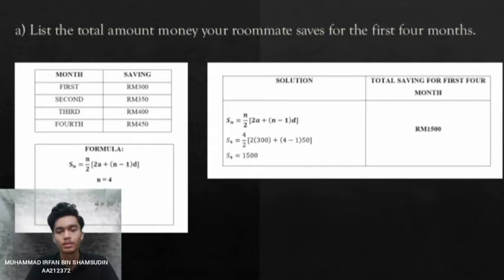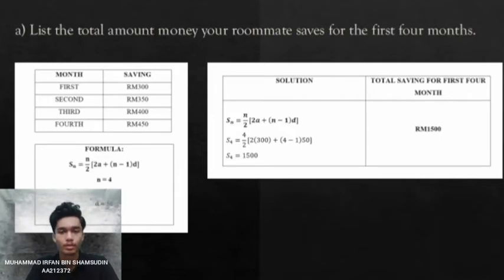From the statement given, the first month is RM300 and it will increase by RM50 for the next month. So the second month will be RM350, the third month will be RM400, and the fourth month will be RM450.